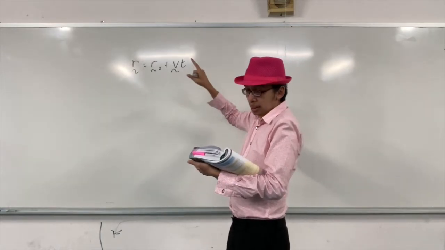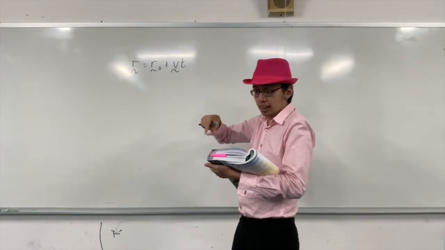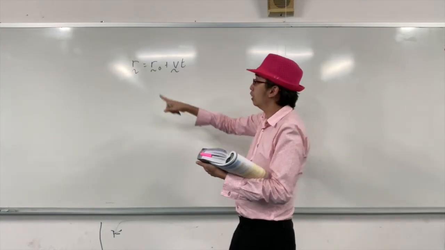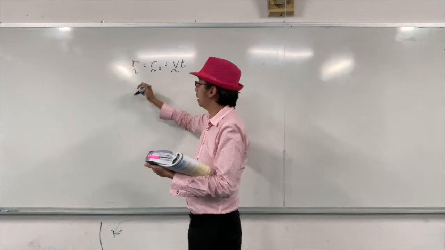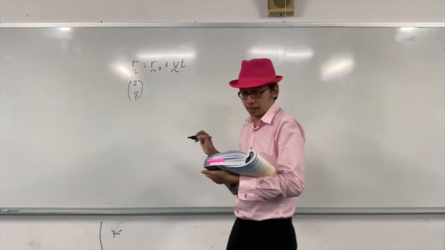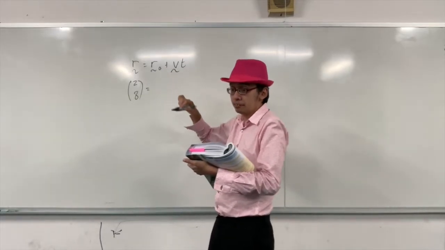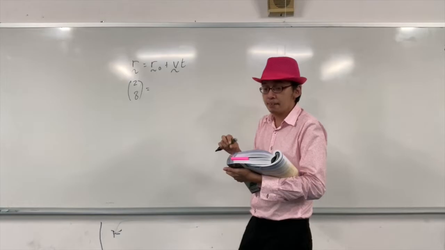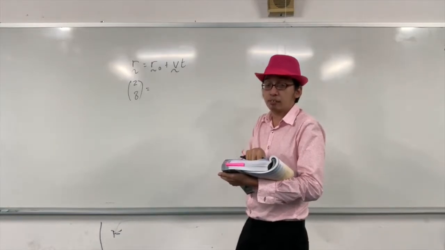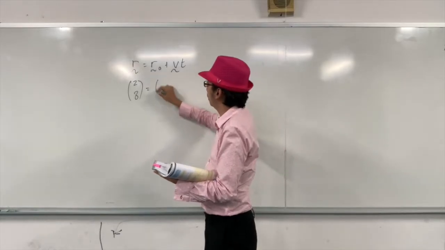The ship ended at 2i plus 8j, the end result position vector, and it must equal a certain vector on the line, the starting position of the ship, which is 3i plus 4j. So that will be 3, 4.